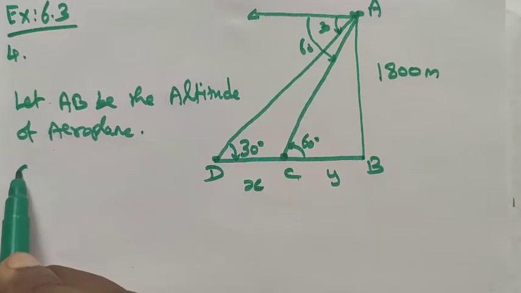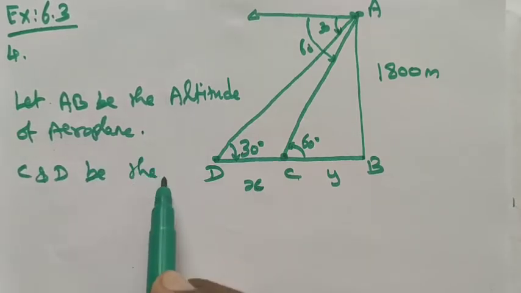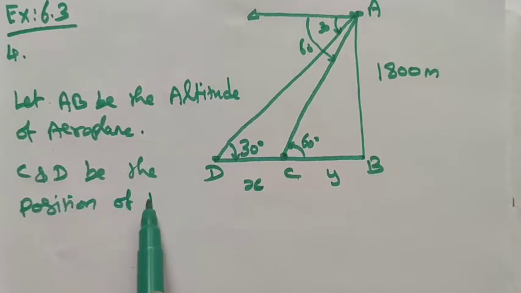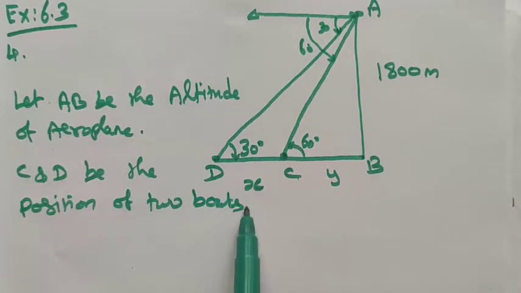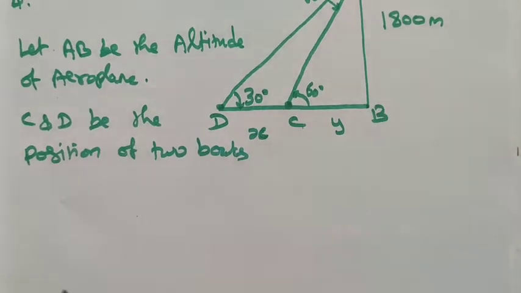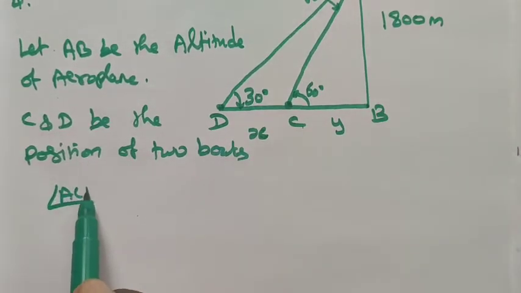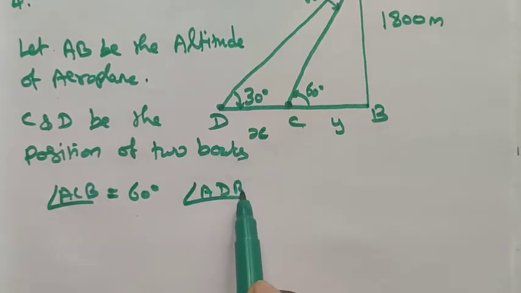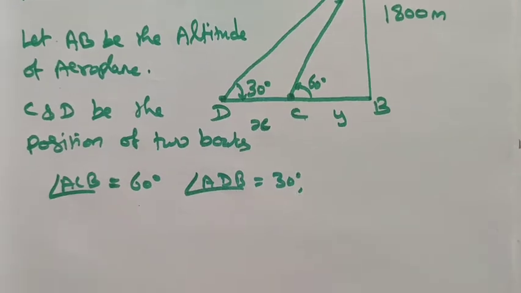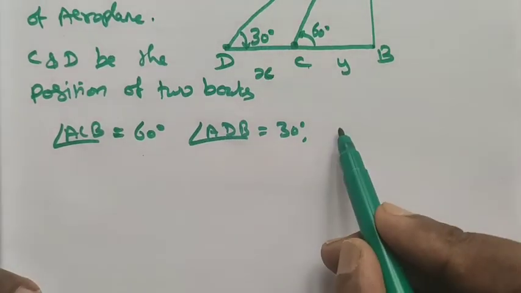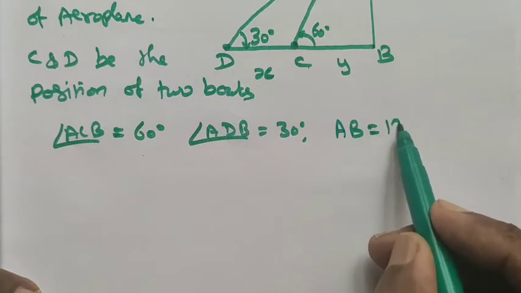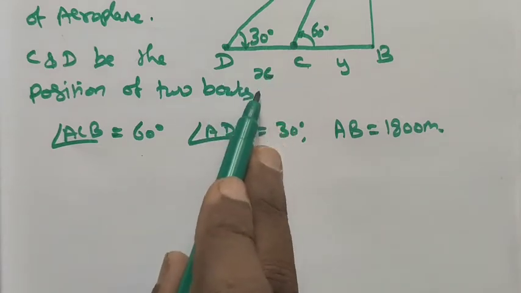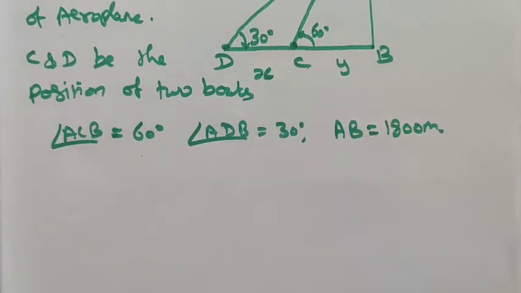And C and D be the positions of the two boats, and the angle ACB is equal to 60 degree, and the angle ADB is equal to 30 degree. AB is given as 1800 meter, and the distance DC we have taken as X, and CB we have taken as Y.